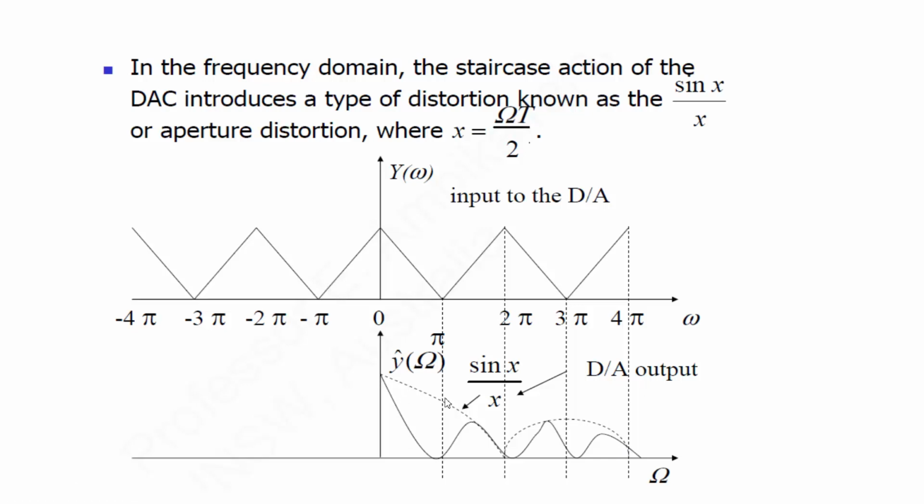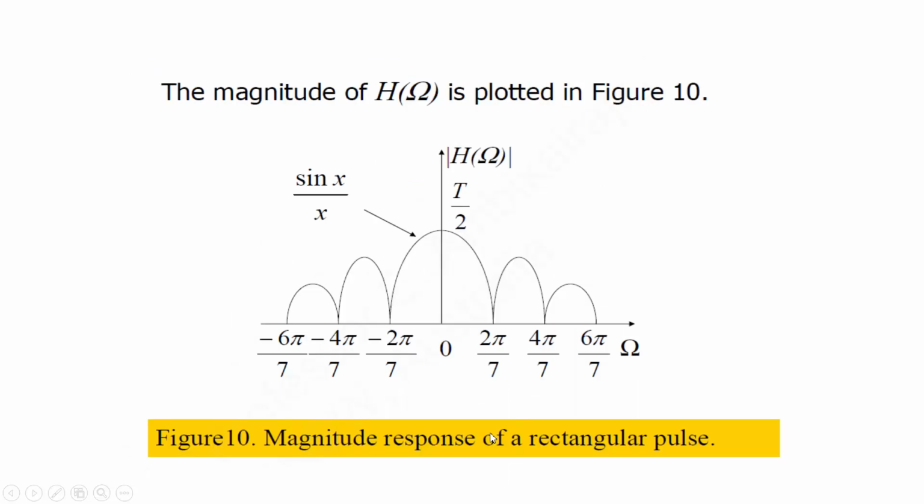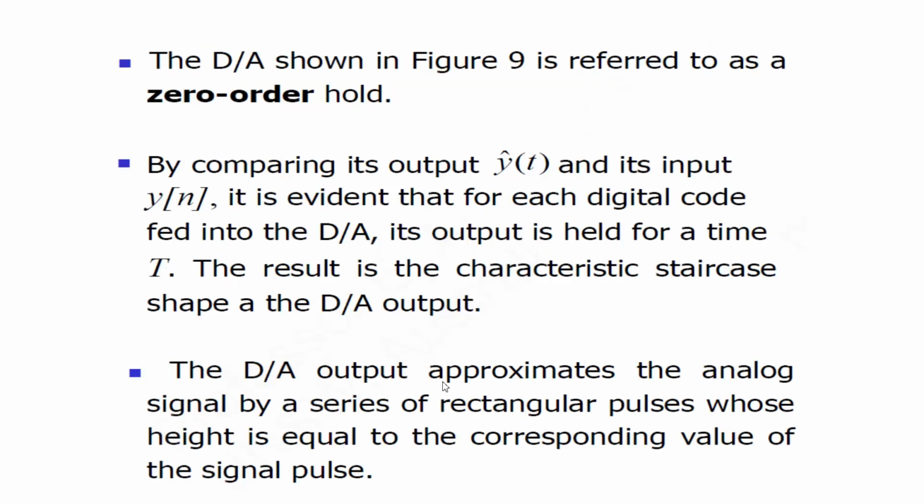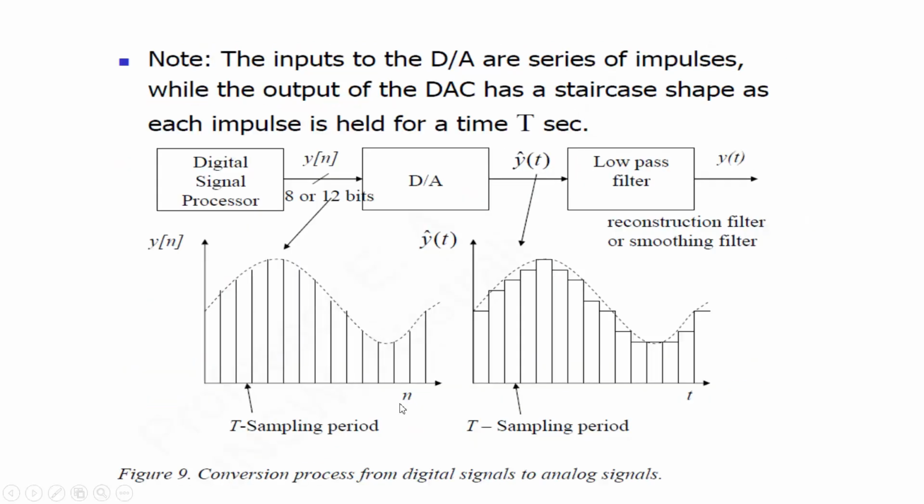Now this sin x by x arises because there are multiple pulses. In the output of the D2A converter, these are multiple pulses, and every pulse will lead to a sinc function type of waveform in the frequency domain.